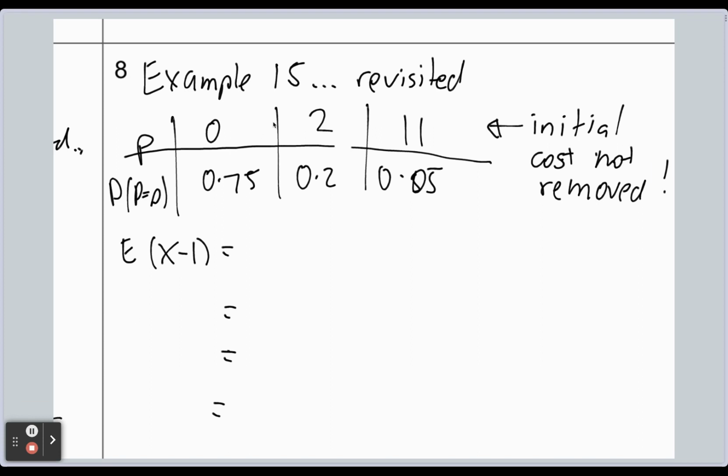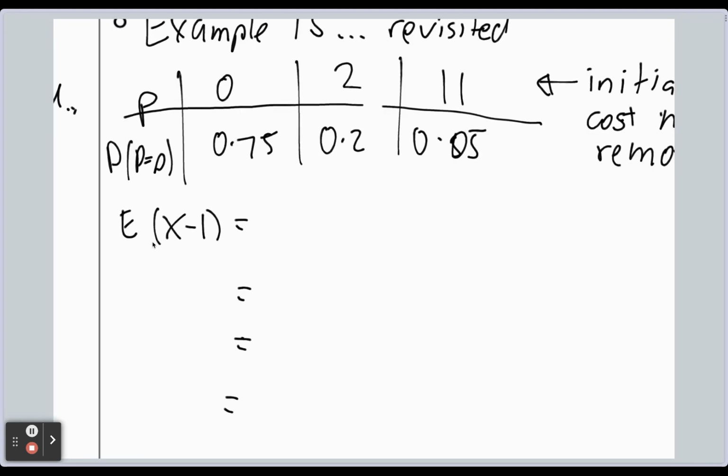What I've done is I've not removed that initial cost of the ticket here. So instead of being minus 1, 1, and 10, I've got 0, 2, and 11. That means that if I had to take it into account, I would have to subtract 1 from the gain row.